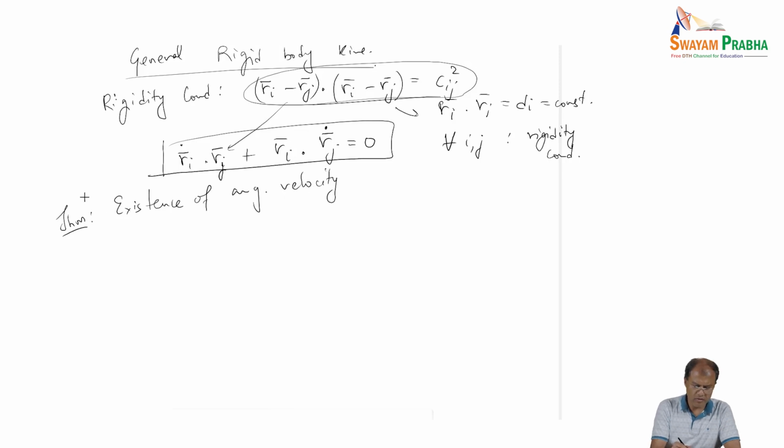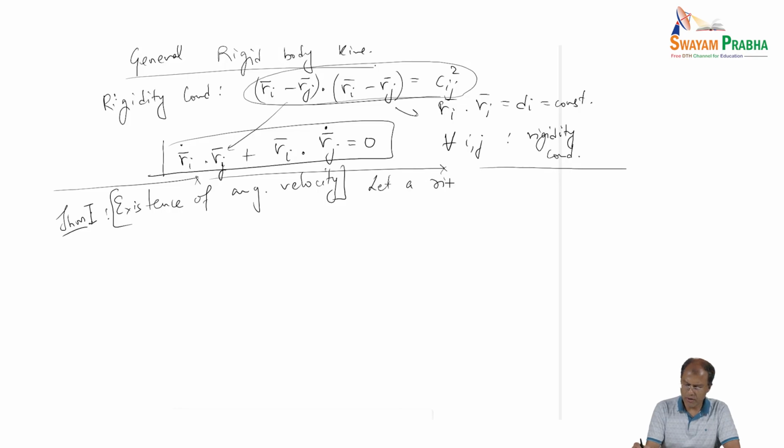So let us call this result 1, the existence of the angular velocity. Let a rigid body be in a motion with one of its particles O fixed.